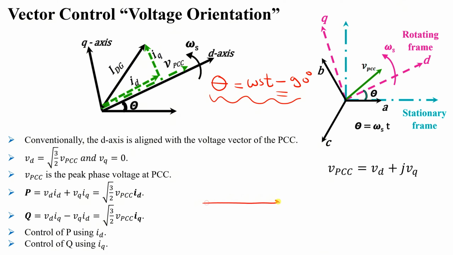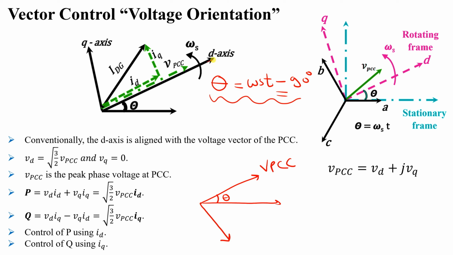So if we have VBCC like this, then what you will find is that this is the original D and Q axis, and this is the angle theta. Take theta, which is omega st, and subtract from it 90 degrees. So it will be shifted by 90 degrees, so it will be like this.